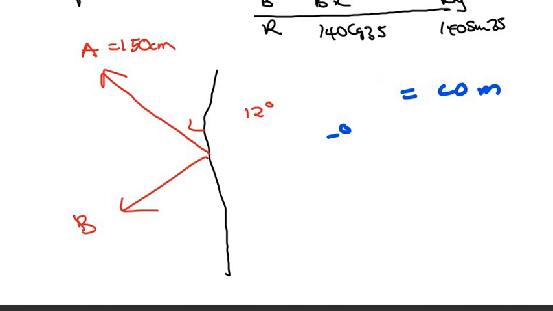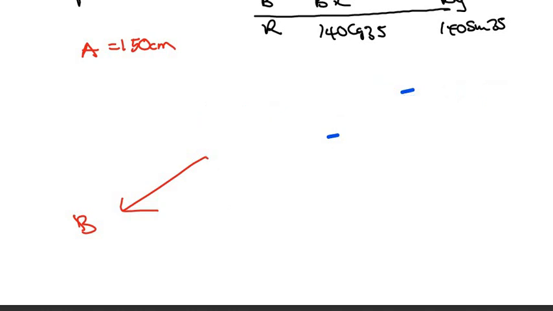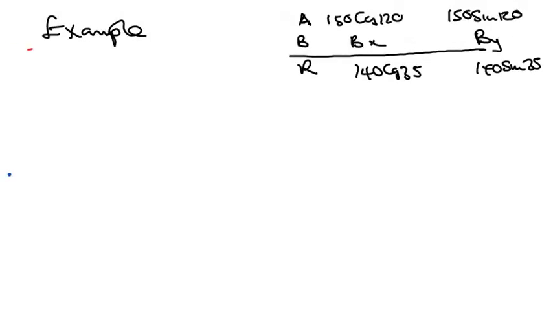So we are done using the table. Now we have to make equations for the x and the y. We are having the following equations. We're going to get 150 cos 120 plus the x component of B to be equal to 140 cos 35.